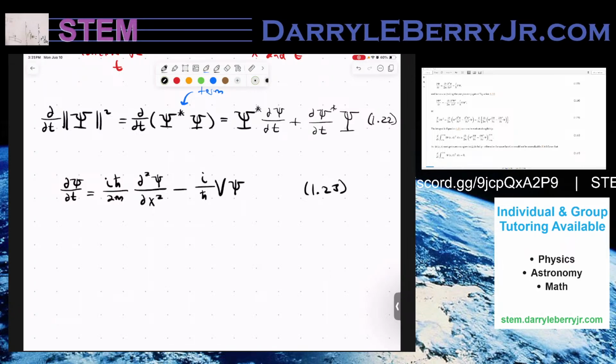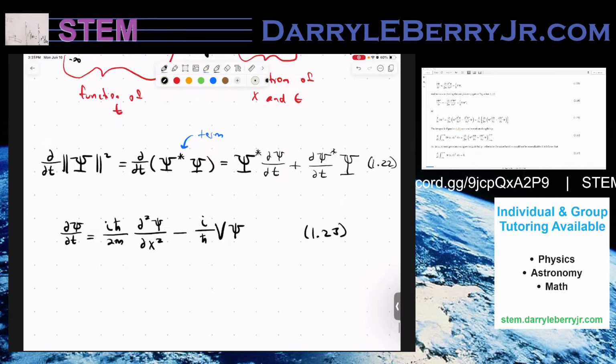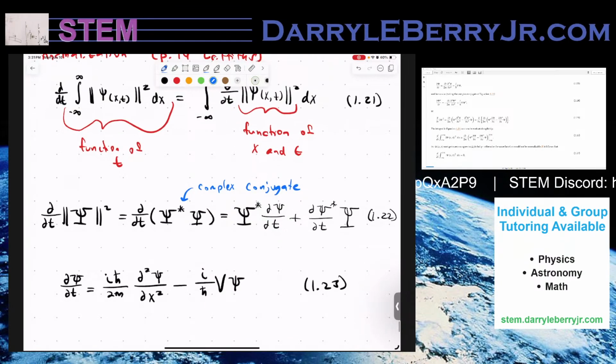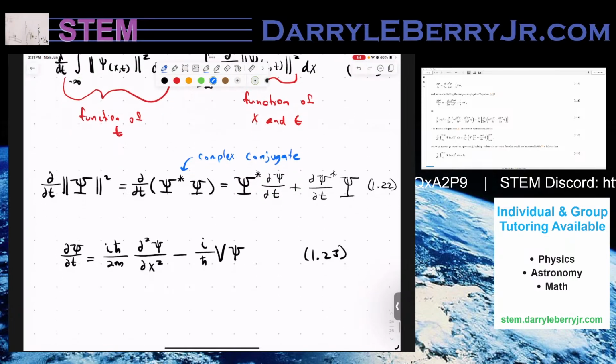And hence also take, that's the word, complex conjugate. Right? The complex conjugate is the one with the star. Hence also taking the complex conjugate of equation 1.23.